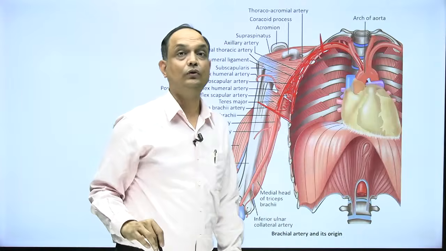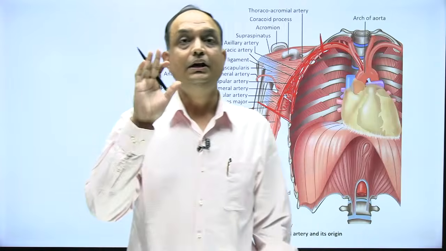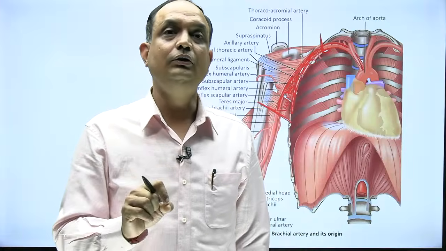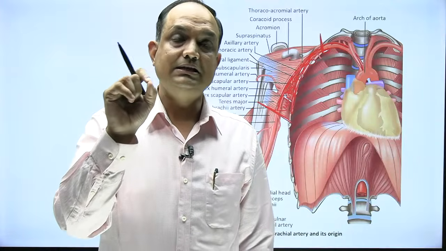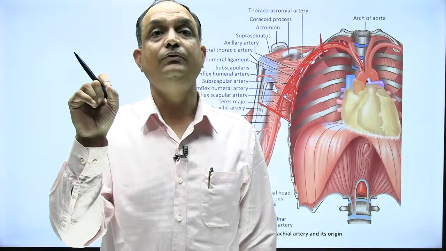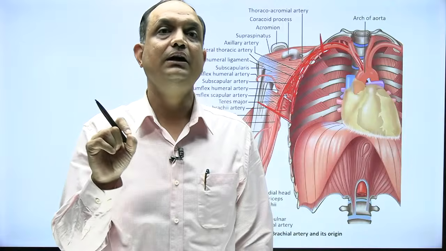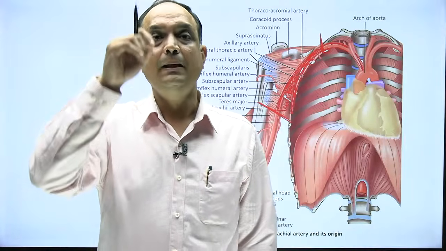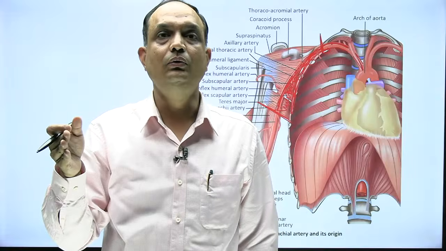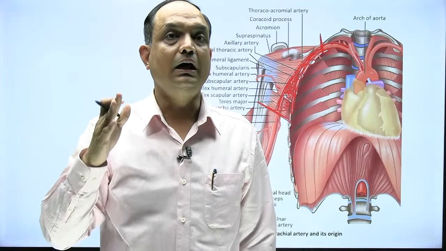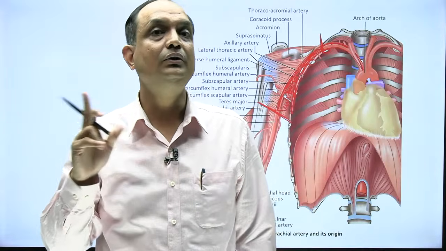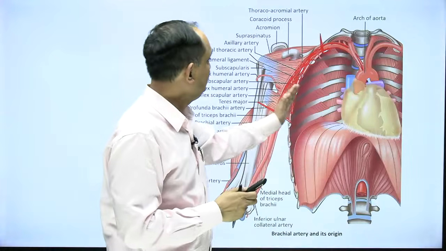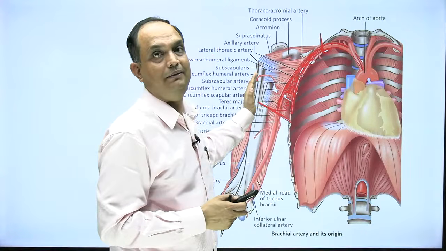So initially the artery comes out from the chest cavity and it runs very closely with the upper part of the chest wall, along the first and second rib. But as it is going down, it should not run along the chest wall. It has to go into the upper limb. So it will make a distance from the chest wall and go nearer to the upper limb.